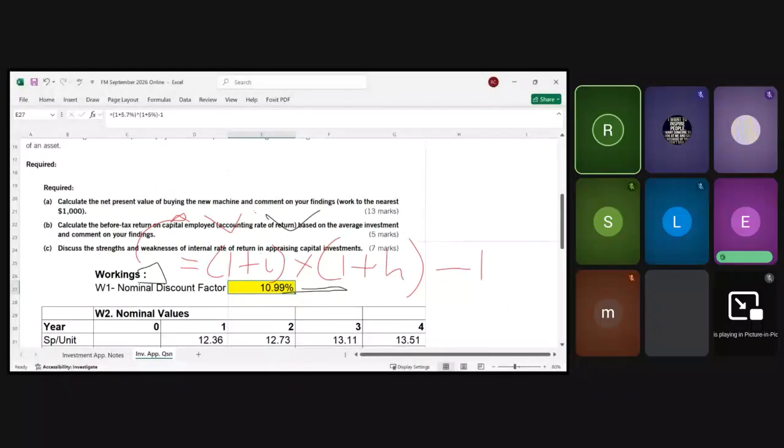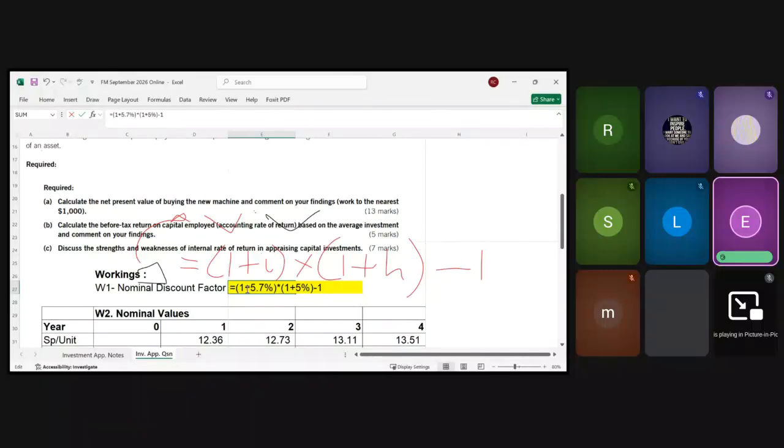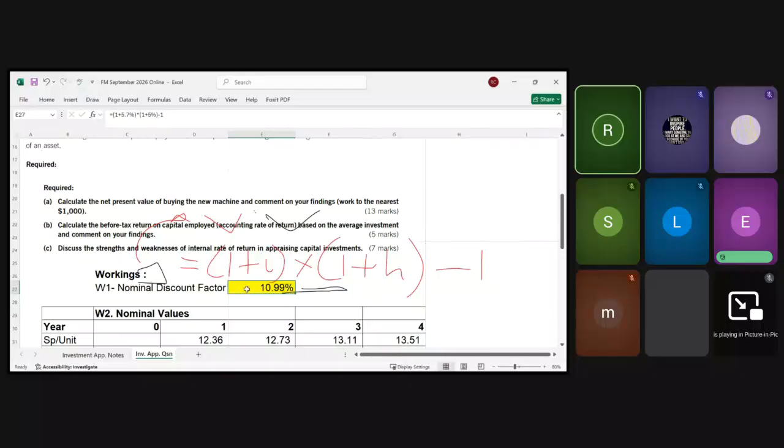It means the discount factor without inflation is 5.7%, and general inflation is 5%. This is how we have calculated our nominal discount factor. Okay, thank you, sir.